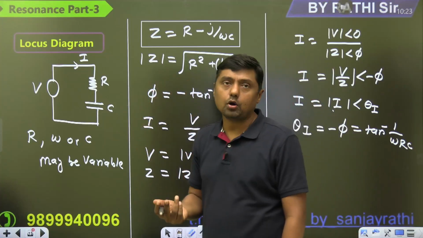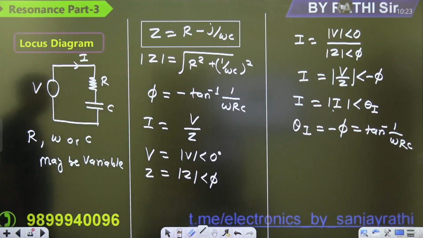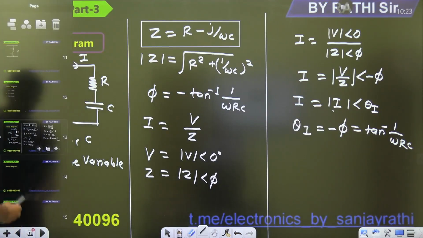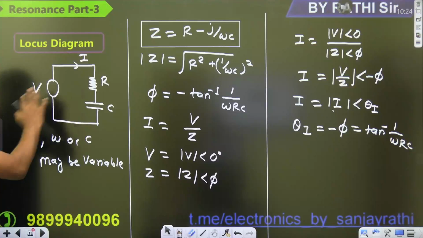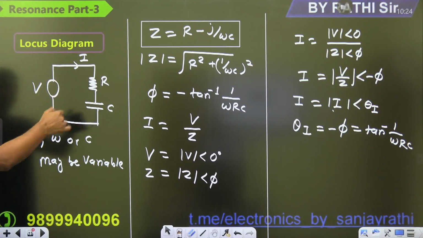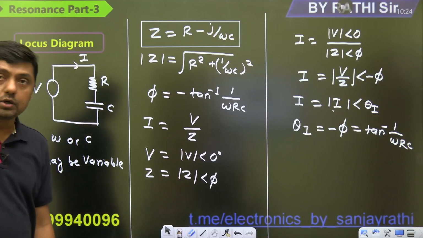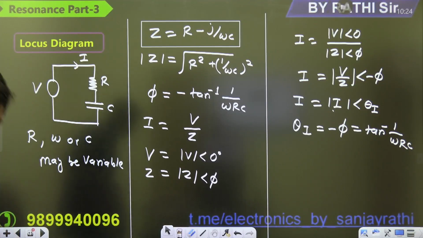Then we have to plot. So first of all get the idea of what C and R are, all important. Now I am going to vary R, then after that C or omega. Any one of these, you will get the idea how to plot the locus. In the GATE exam and other competitive exams, we get this question.